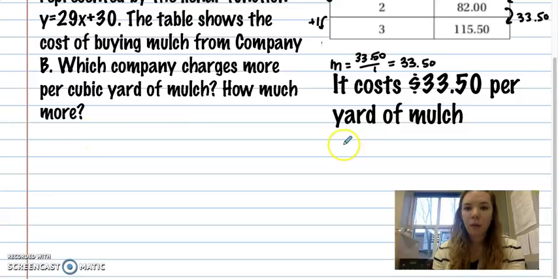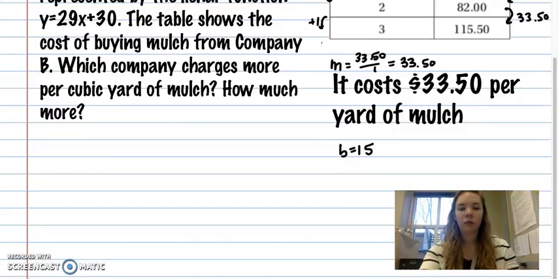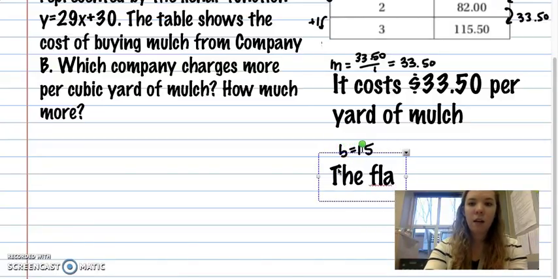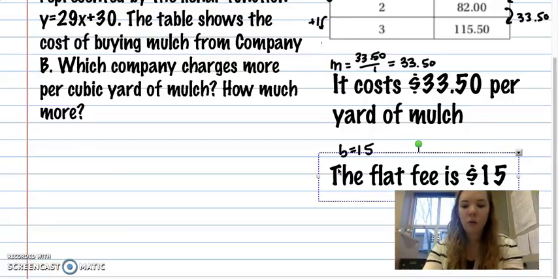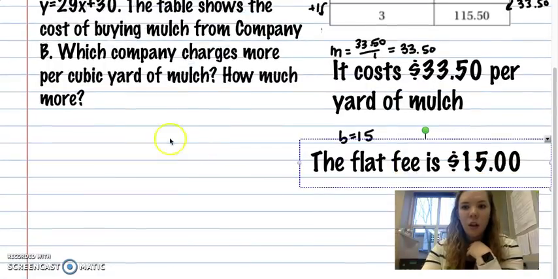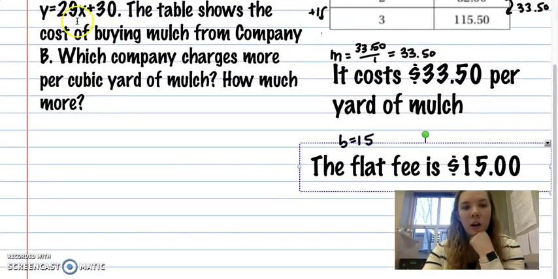So let's go ahead and put that here. B is 15. The flat fee is $15. So in context over here, this was $29 per yard and a flat fee of $30. This is $33.50 per yard and a flat fee of $15.